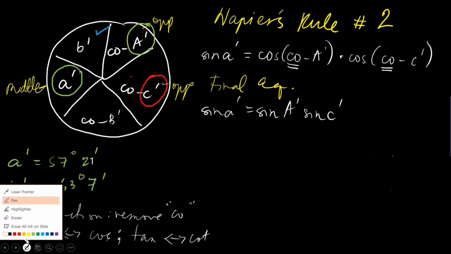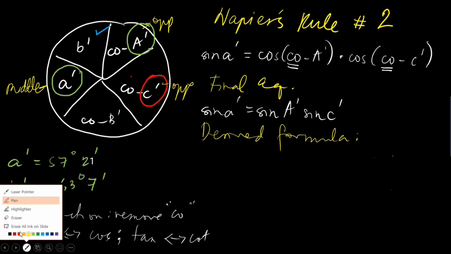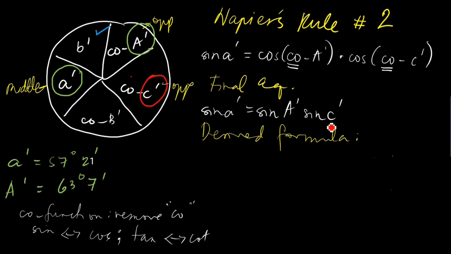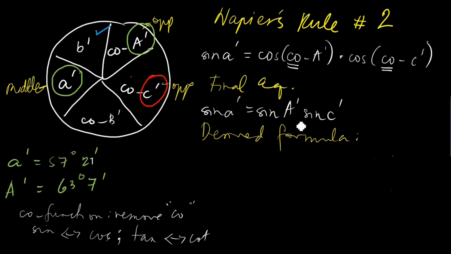Okay. And then we need to derive the formula. In deriving the formula, well, there's no cotangent here, so we're not going to apply the trigonometric identity. Okay, no cotangent. What we need again is the small c prime. So since we need the small c prime, we need to leave it on one side alone. So let us rewrite.